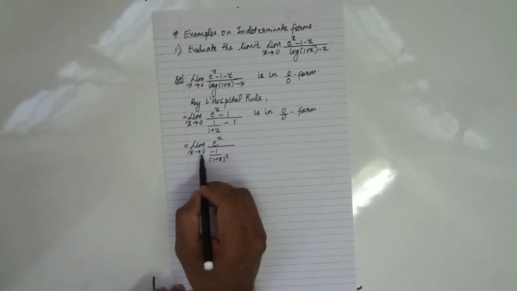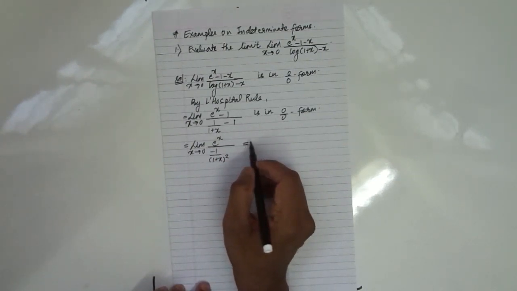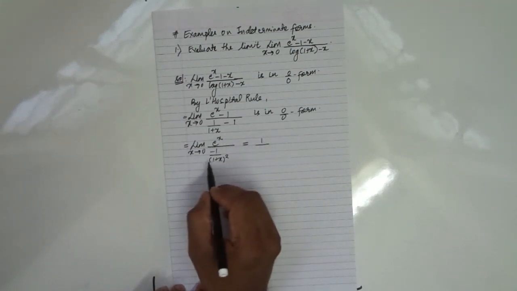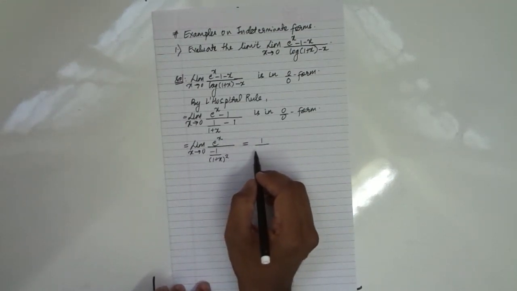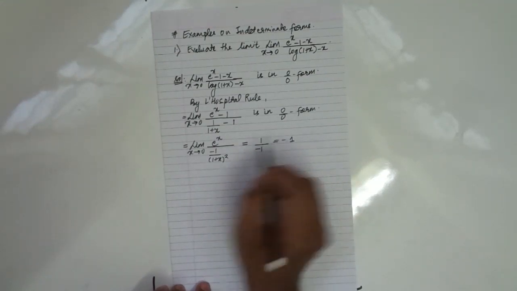And I will put this limit into these functions and I will find that the limit is e raised to 0, 1, and this is minus 1. So final answer is minus 1.